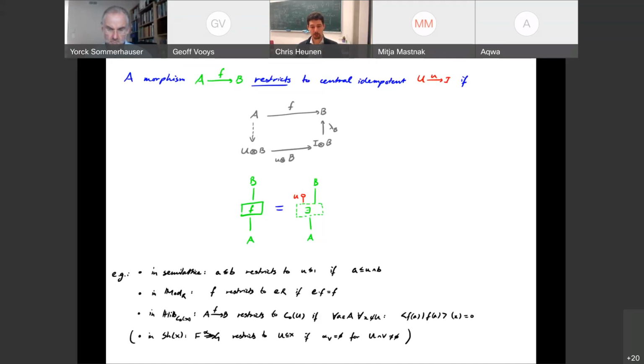In the category of Hilbert modules, a morphism restricts to a central idempotent over an open set U exactly when the function vanishes outside of U, in the sense that the inner product of the value of the function with itself, which is a scalar, so an element of C0 X, a function, vanishes for all x not in U.